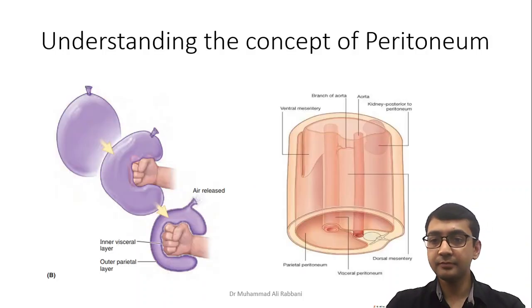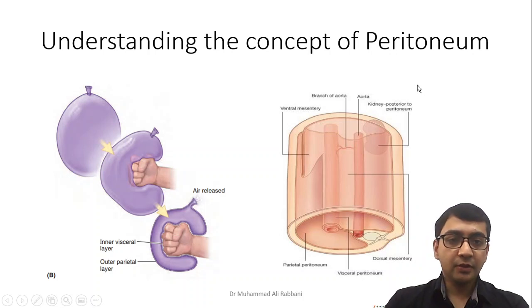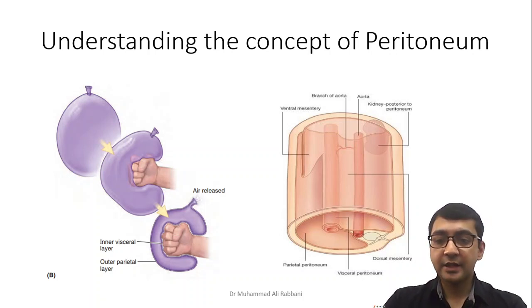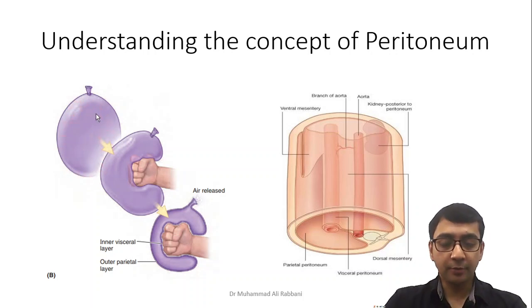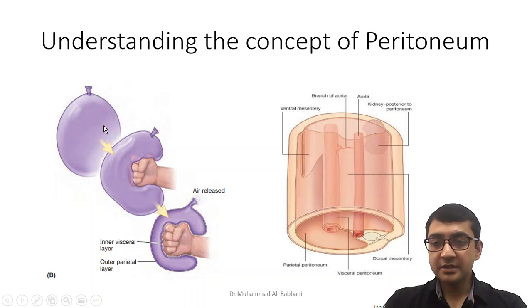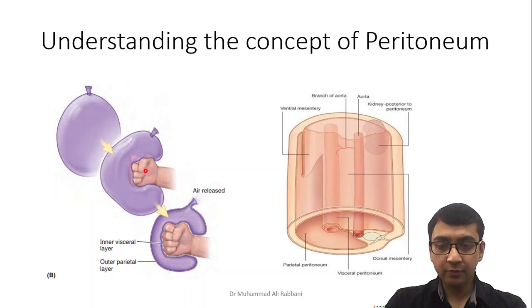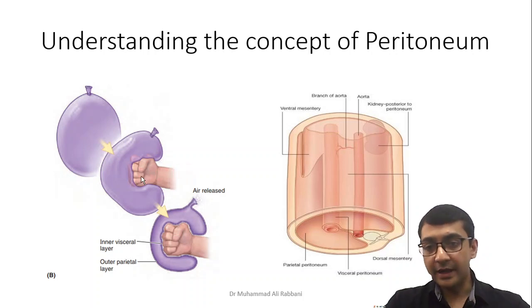A very good example for understanding the peritoneum is that of punching a balloon. Let's suppose you have a simple balloon filled with air, and you can compare it with the walls of the abdominal cavity. The viscera, which you can represent by the fist, enter the balloon from the side. Mind you, they are not entering through an opening, or forming a new opening.